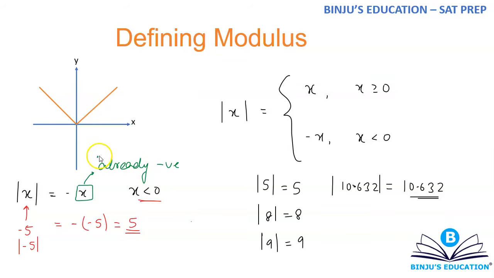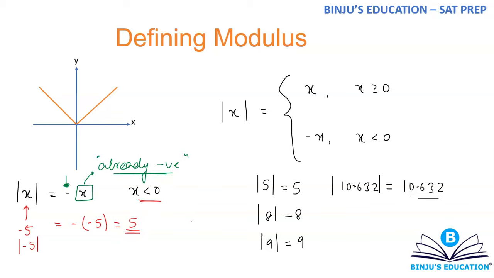In order to make it positive, I have put a negative sign in front of it. That's the reason mod of x is equal to minus x when x is negative, because x itself is negative. In order to make it positive, I have to include one more negative sign.